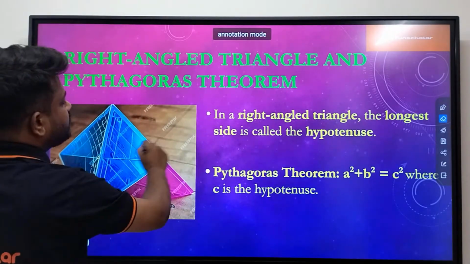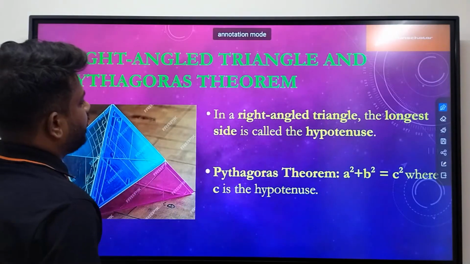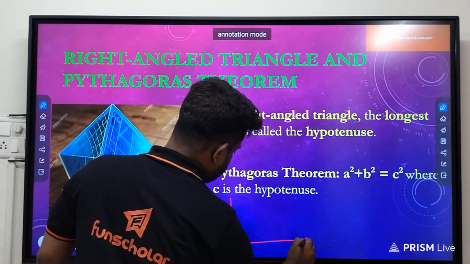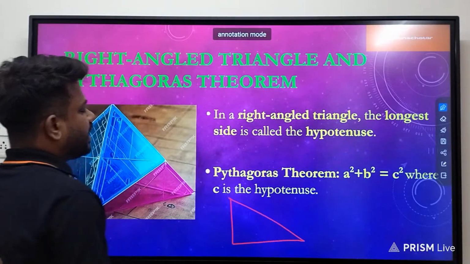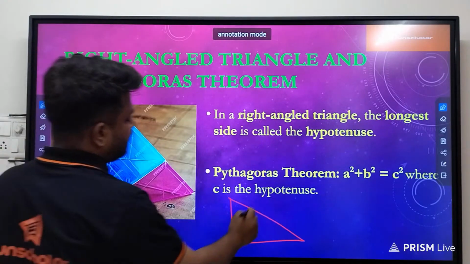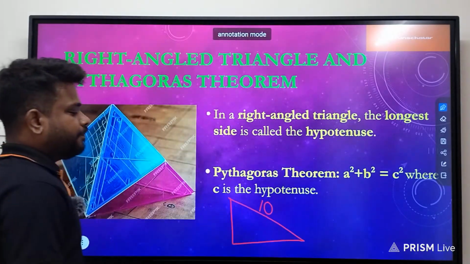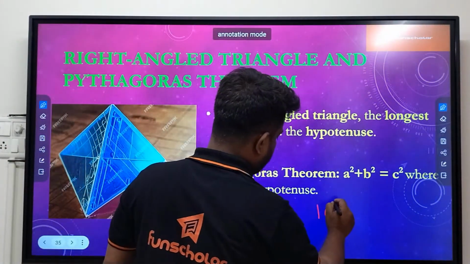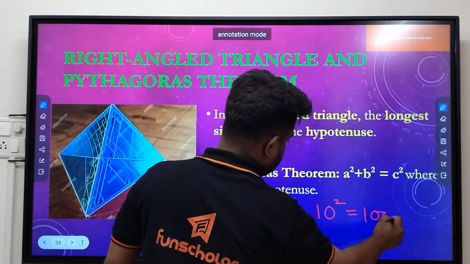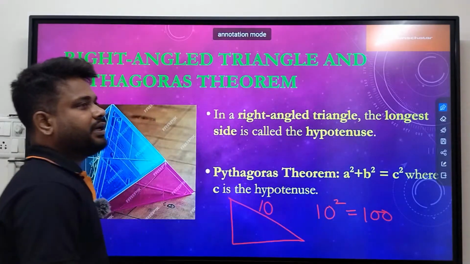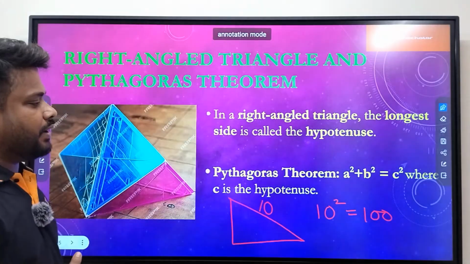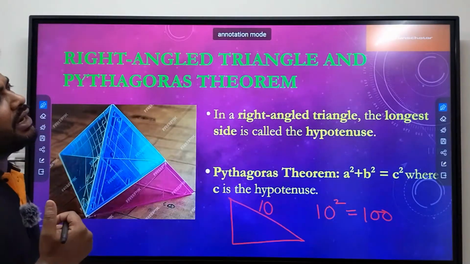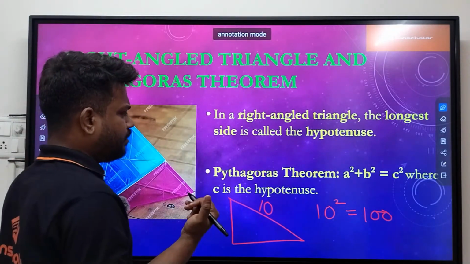If I give you some examples, let's take a right angle triangle whose hypotenuse is 10. If I square it, 10 square means 100. So these two sides have to add up to 100 in their squared values.